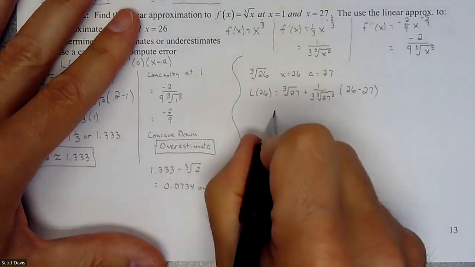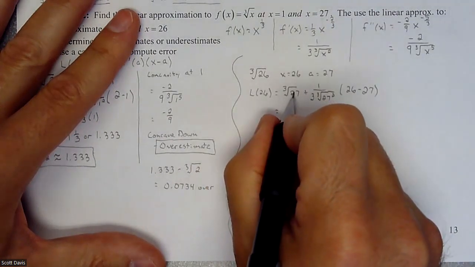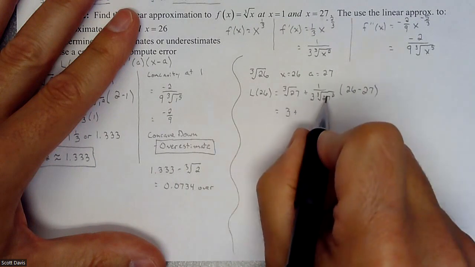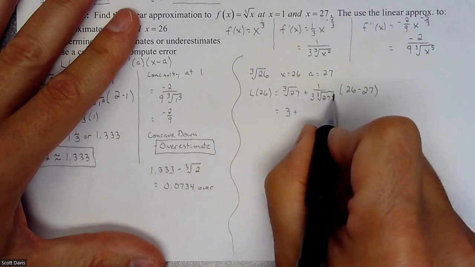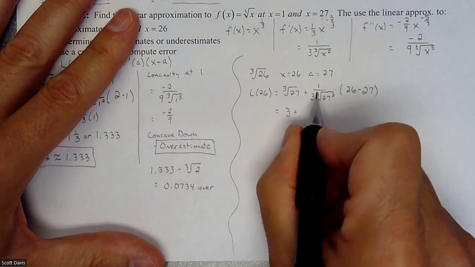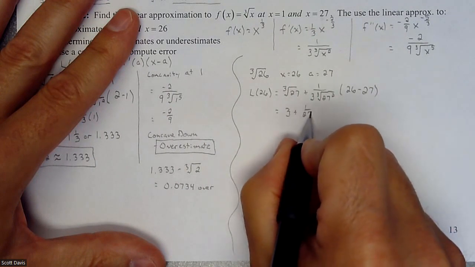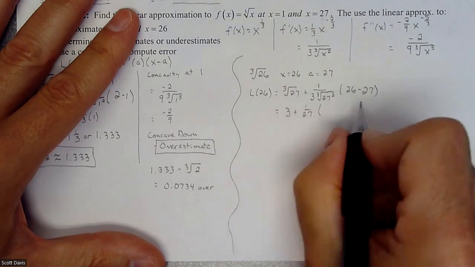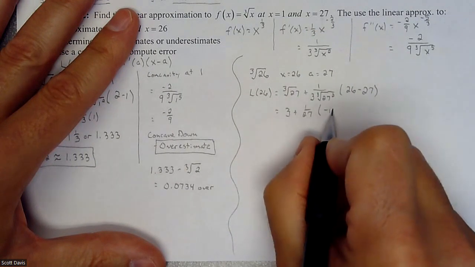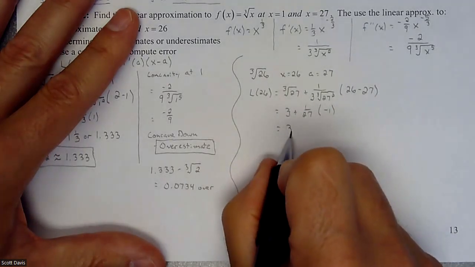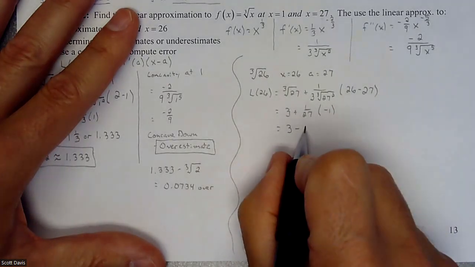So come back. If we cube root 27, that's going to be a 3. And then if I cube root 27 and get a 3 and then square it, I get a 9. So 9 times 3 is going to be 1 over 27, then times 26 minus 27, which is a -1. And that means we're getting 3 minus 1 over 27.